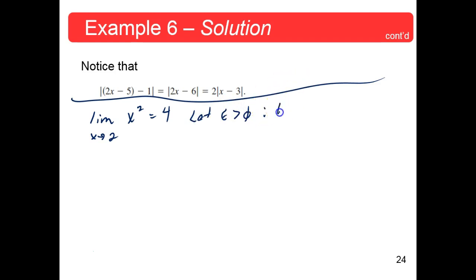Then, if epsilon is greater than 0, there is a delta also greater than 0, such that for any x, if 0 is less than the absolute value of x minus 2 is less than delta, then the absolute value of x squared minus 4 is less than epsilon.